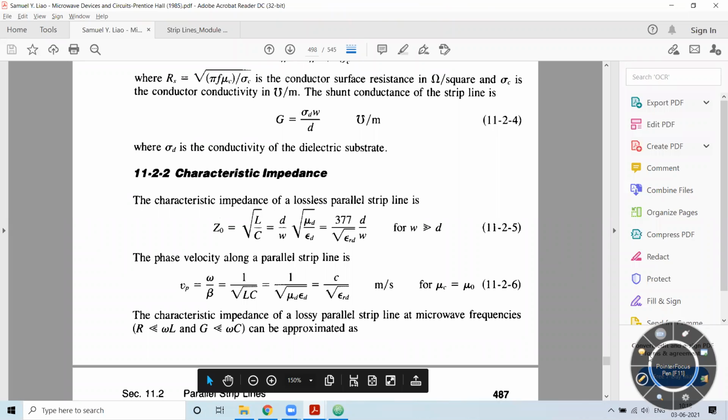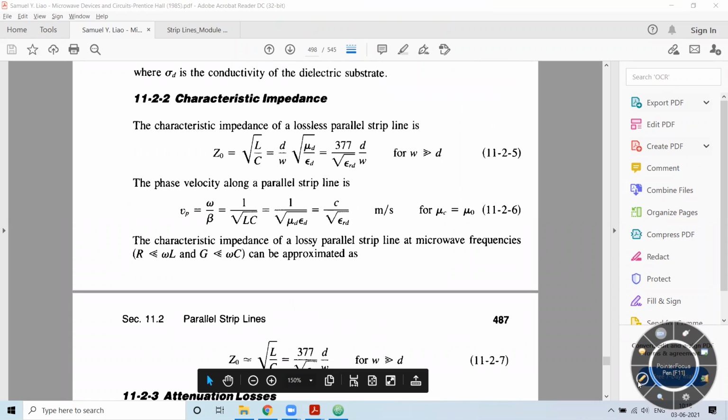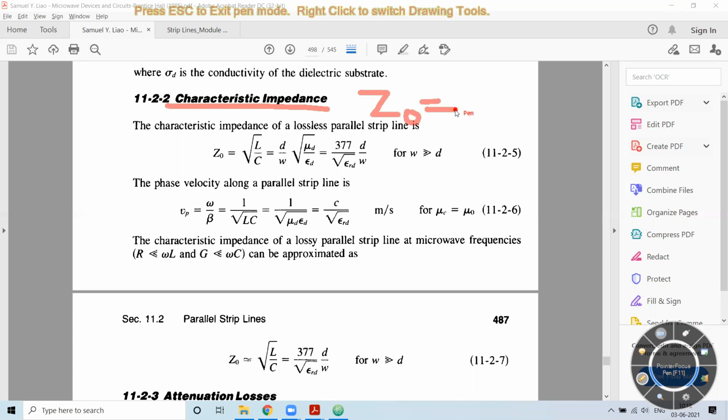So when we have RLGC parameters, I can identify what is the characteristic impedance. If you remember characteristic impedance from the very first discussions what we had, wherein Z0 is given by what? It is given by square root of Z by Y. And in between we had applied the binomial expansion, and we had obtained Z0 nearly equal to square root of L by C. So that equation directly we are utilizing over here.